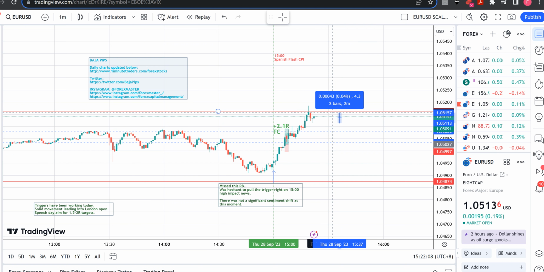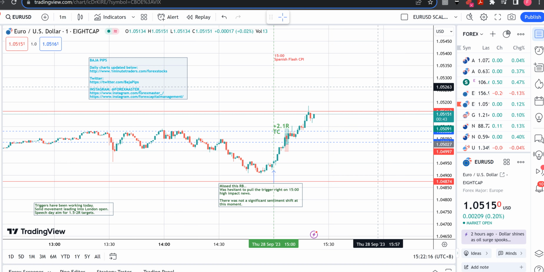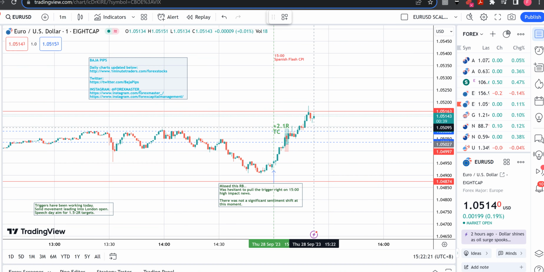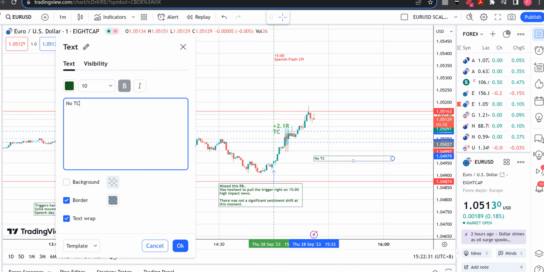But for me personally, if I do enter around here, my stop loss is gonna have to be way down here. Still 5 pips. So I'm gonna mark this as a note on my chart and say, mark it down here. We're far away. No TC. Even though TC is not happening, I can kind of already tell. I don't predict, but no TC.